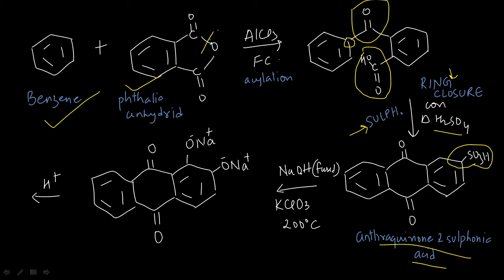Now when you add fused NaOH in the presence of KClO3, you can also take NaClO3 if you have, at 200 degrees Celsius, a very high temperature, what happens is at positions 1 and 2 we have ONa substitution.